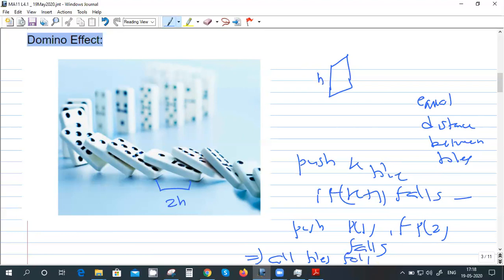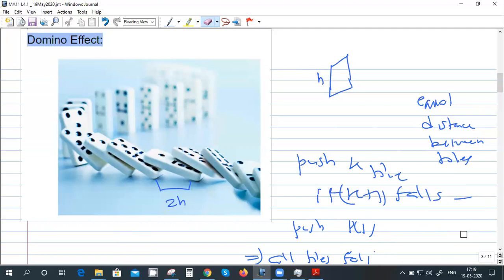Sorry, the condition is p1 falls. I don't have to check p2 falling. I just have to check whether p1 is falling. There's no need for p2 to fall because I already checked it. When pk falls, pk plus 1 falls, the k plus 1 tile falls. Is it clear? Yes, sir.